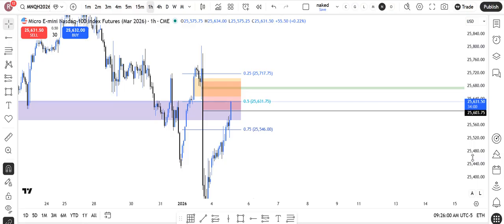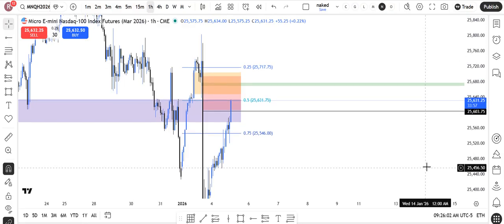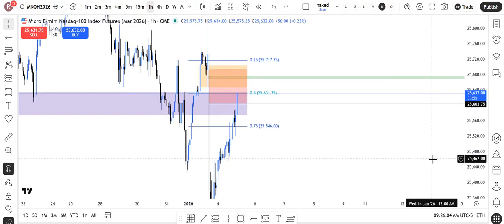No, I'm going to be very cautious and, like I said, scalp. So in and out. So now it has hit the midpoint of that daily wick.